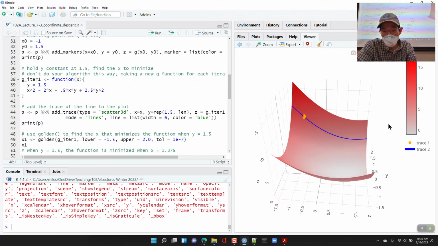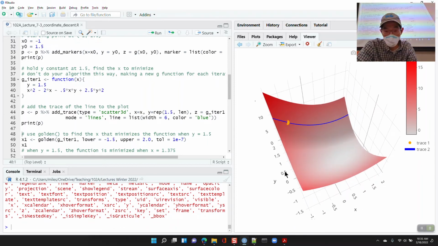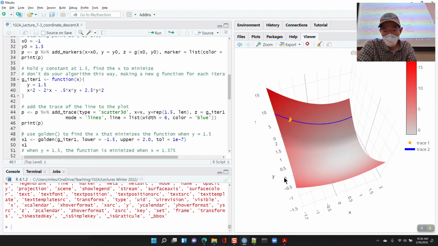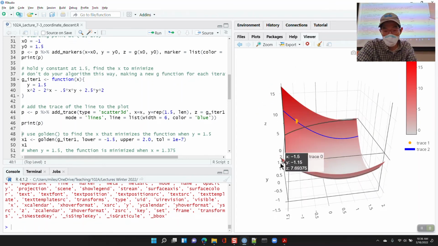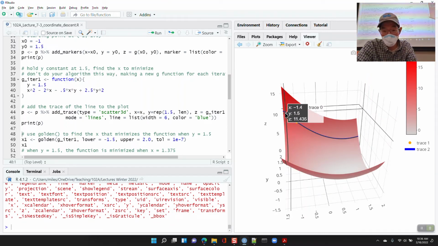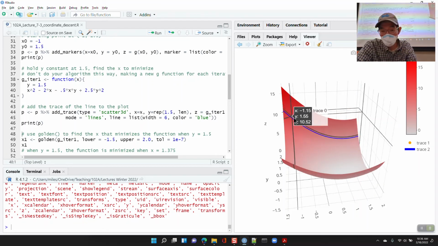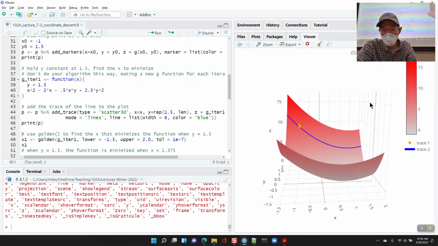And here it is with y locked in at 1.5. That's this blue line right here. So here x is at -1, y is at 1.5. We're locking in y at 1.5, and we want to find the minimum of this blue line, now that I've created a univariate function in blue here.